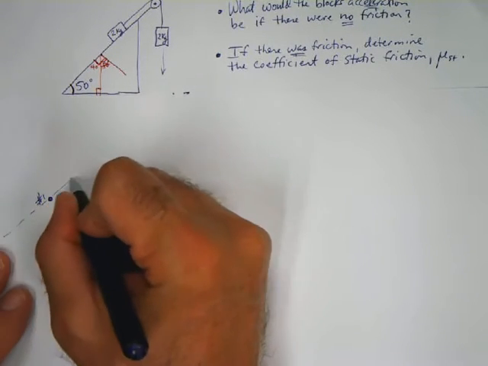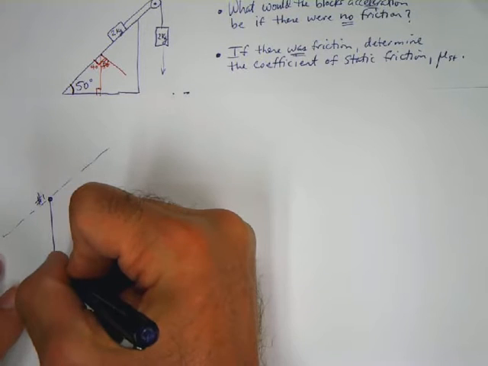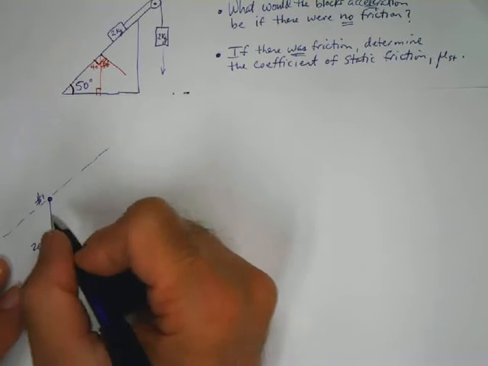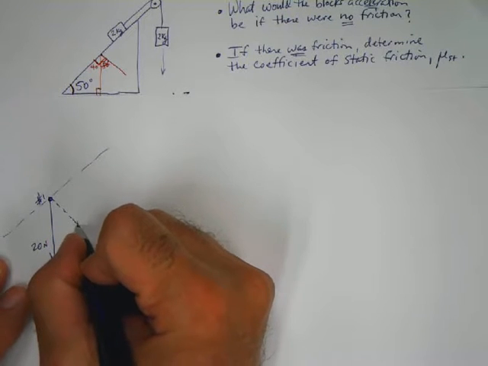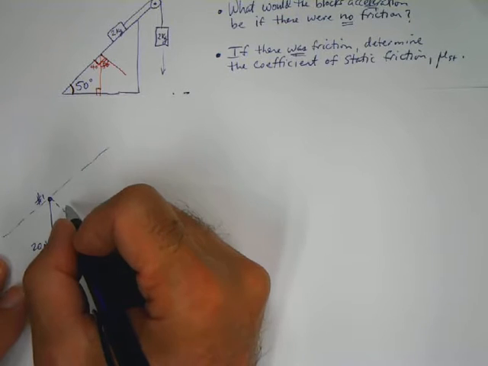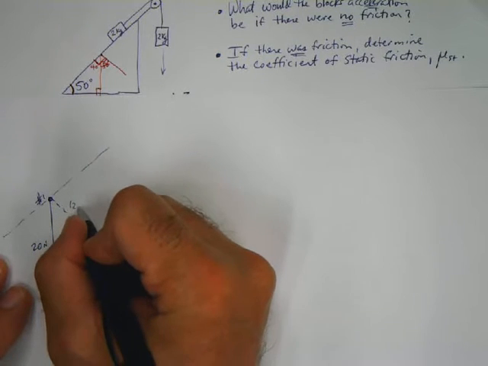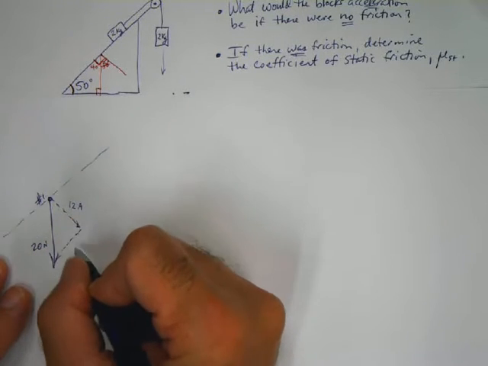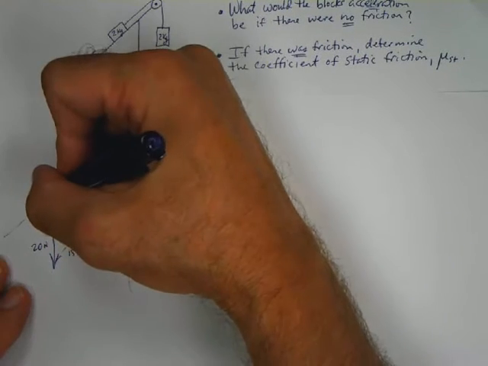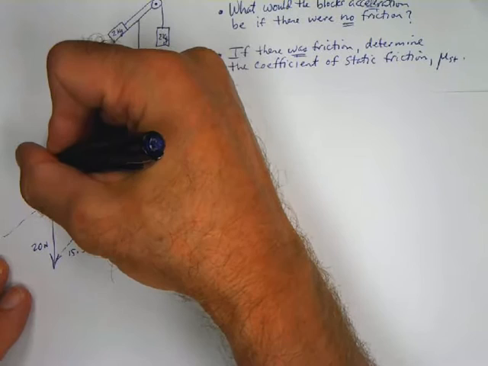So there's point object number 1. Here's our ramp incline. We have our weight vector there, which we've already figured out is 20 newtons. We'll split it up into its two components at right angles to each other. We remember this was 12.9 newtons and this was 15.3 newtons.